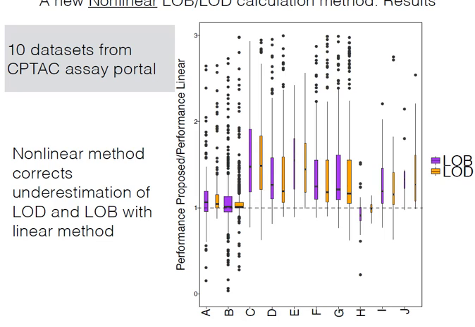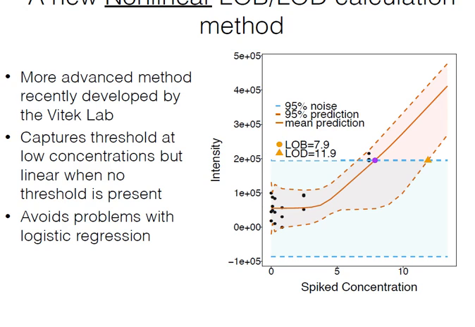You really see that with a linear method, you tend to underestimate the value of the LOB and LOD. You can understand that because a linear method will always fall like this.